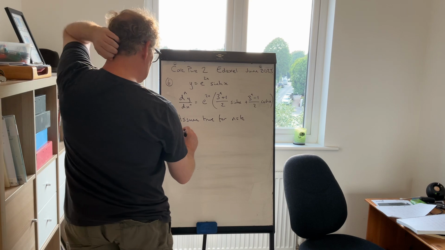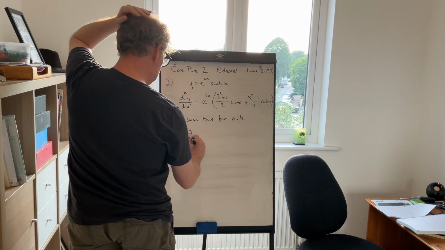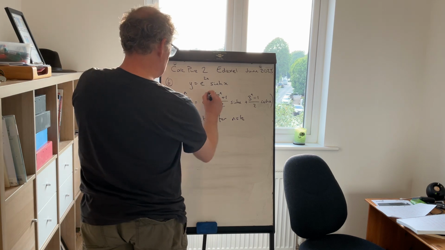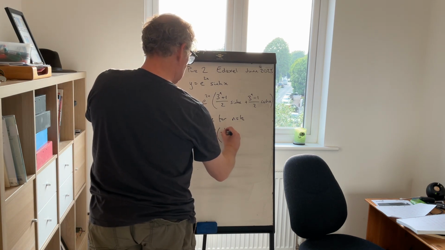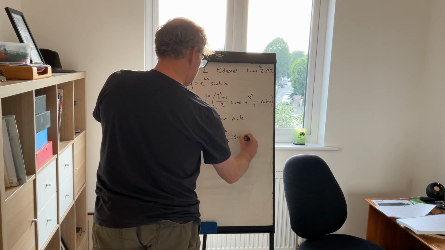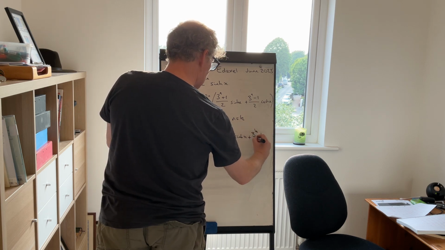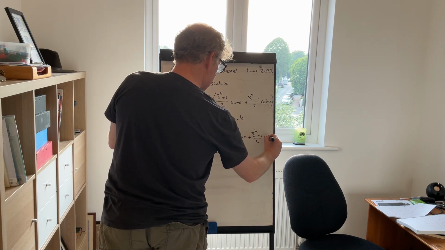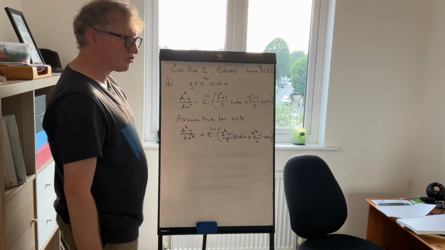So that means the kth differential of this is going to fit this rule, e to the 2x, 3 to the k plus 1 over 2 sine x plus 3 to the k minus 1 over 2 cos x. Squeeze that in there. Okay, so we're going to assume that's true.